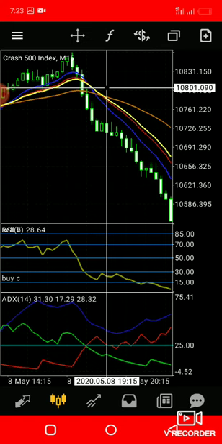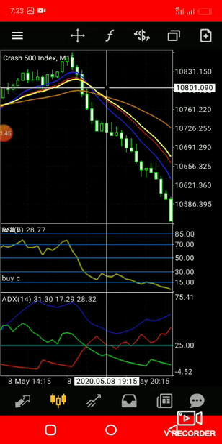Then our RSI is below the 50 line, which means it's a sell signal. And then our ADX, the blue ADX, was above the 25, and the red, which signifies sell, was also above the green. So this signifies a sell signal.